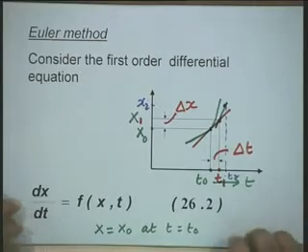Now, this method is called an explicit method, because the new value of x at any time is obtained using the previous value of x. That is, when you are solving this problem, we find the derivative. This derivative is explicitly computed using the known value of x, and that is why it is called an explicit integration method.